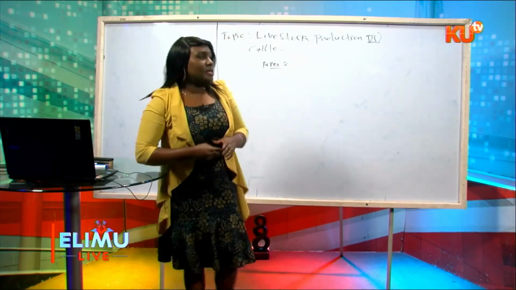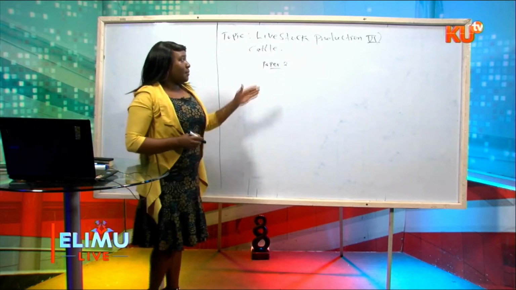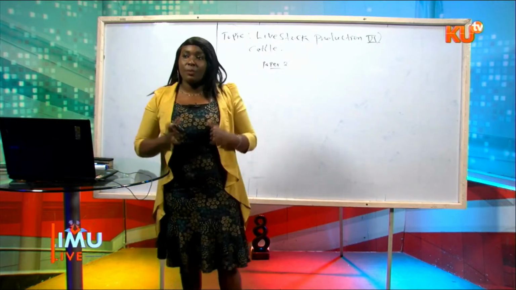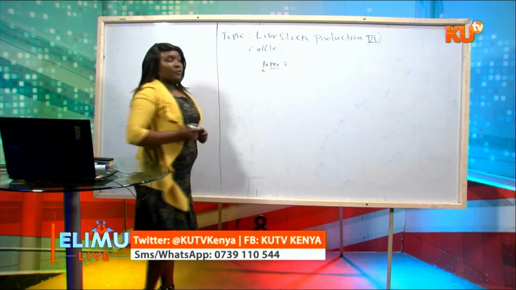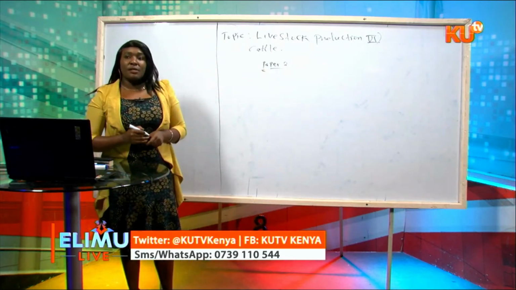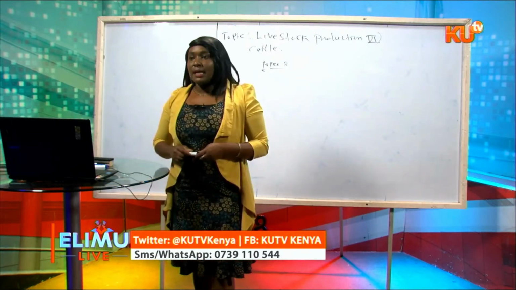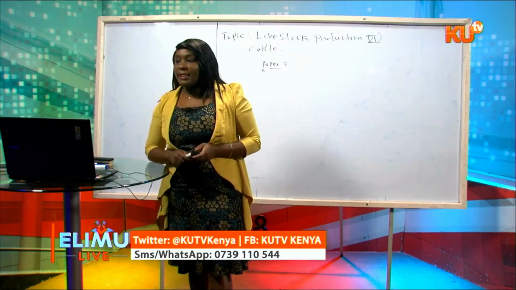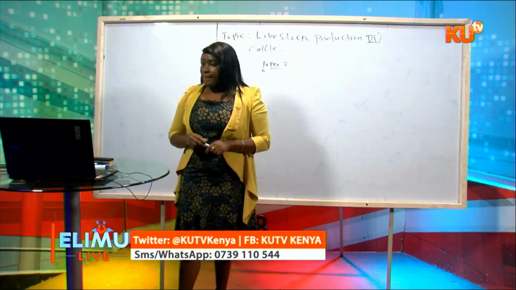Paper 2 basically deals with livestock production. So this is where you are likely to find questions on this particular topic. So welcome, learner, to this particular topic, and I hope you're going to be together throughout the lesson.